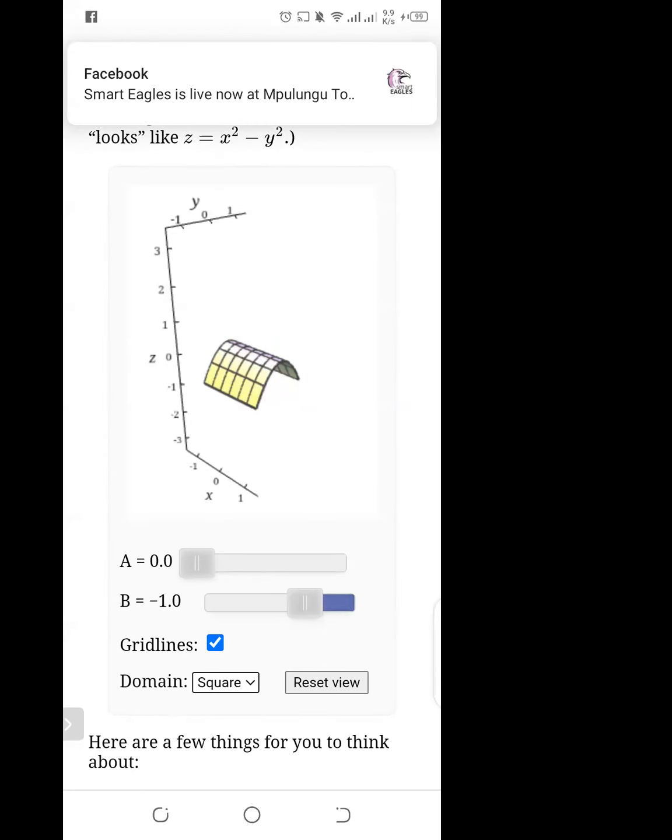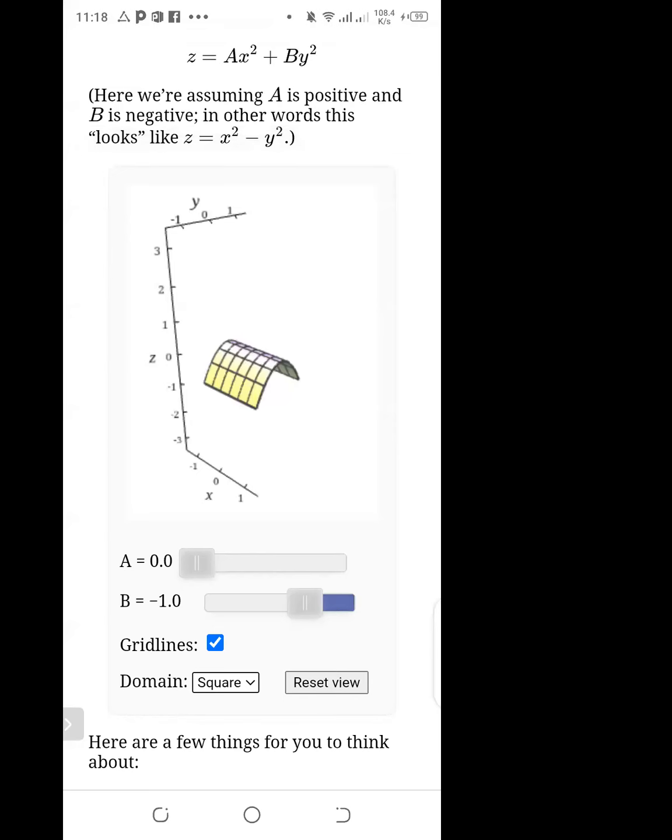When a is 0, you view it from the x-axis, I think it will be a parabola. Yes, it's a parabola. In this case, when a is 0, you remove that term, so it's just extended, just like we say for a cylinder.